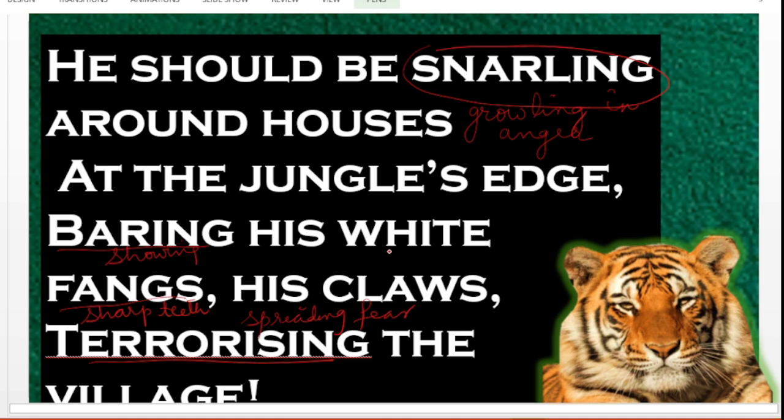And he shows his white, sharp teeth and his claws in order to spread fear among the villagers. Don't you think this is the only thing that suits a tiger? Spreading fear, since it is such a ferocious animal. Now, this should be the natural behavior of the tiger, which is clearly the opposite of what the tiger can do in the zoo.